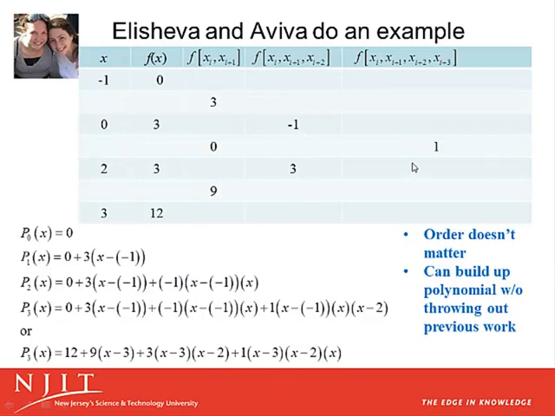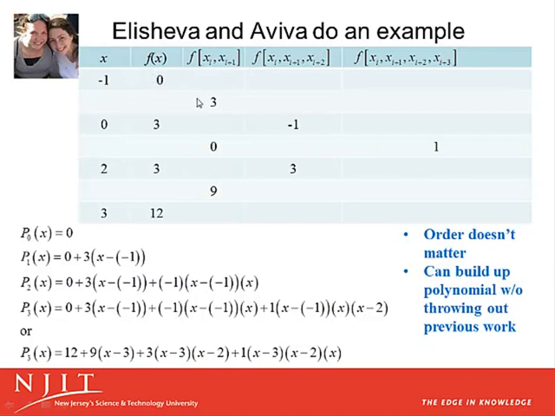How are we going to use that information? Well, we can start at the top, and we could say the 0th degree polynomial through at least the first point is just y equals 0. The polynomial through the first 2 points is given by 0 plus 3 times x minus negative 1. So we just go down this diagonal.